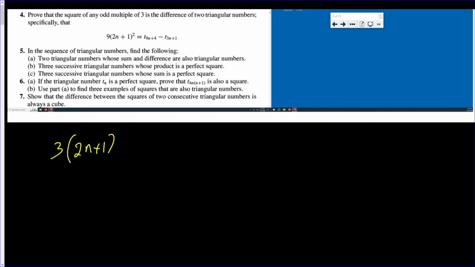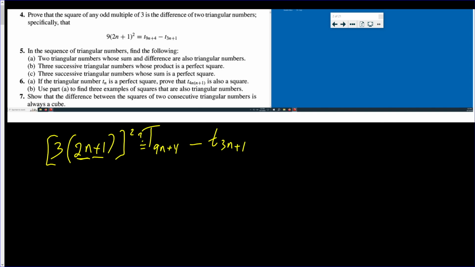If n is an integer, which it is, 2n is even, you add 1, it's odd. That's an odd multiple of 3. I square it, and they tell me that this is the difference of two triangular numbers. And they even tell us the triangular numbers. So this is what we want to show.